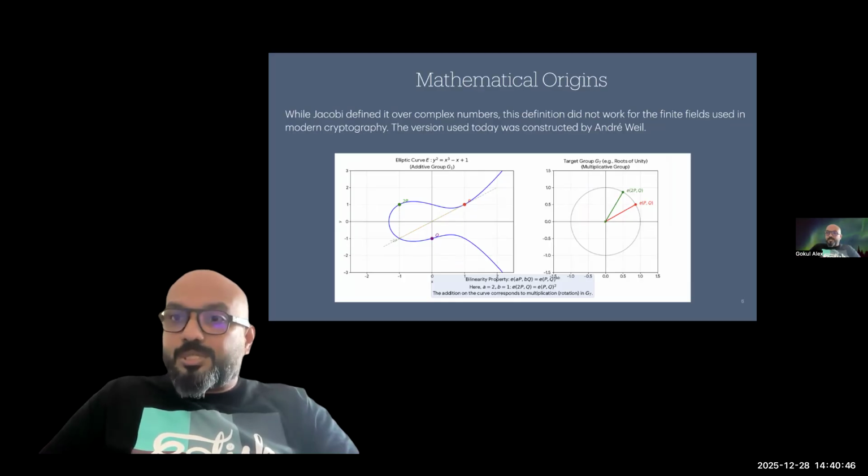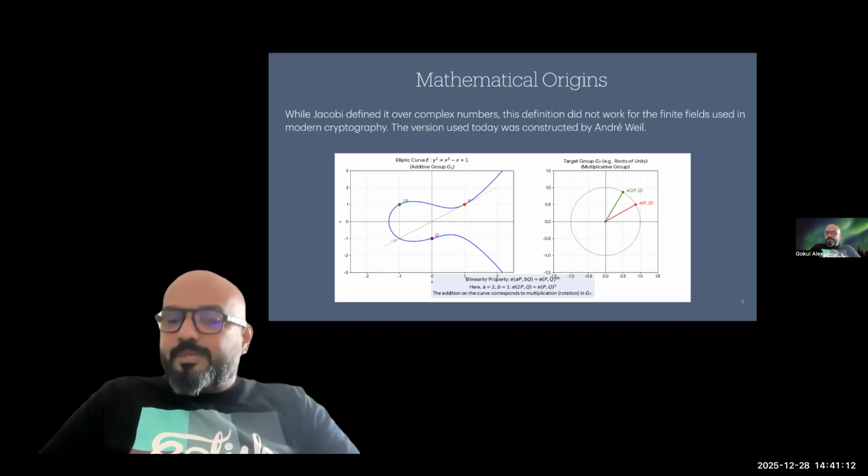This constraint was addressed by another mathematician called Andre Weil. Right now, in this diagram, we are seeing the depiction of an elliptic curve and the associated target group, which we will try to understand in the coming slides.